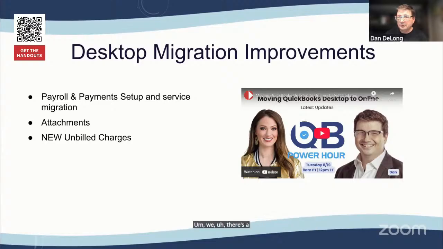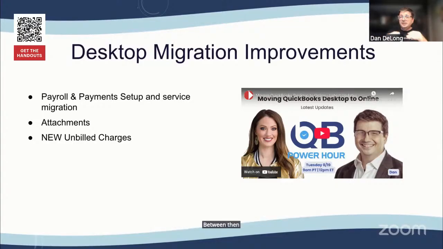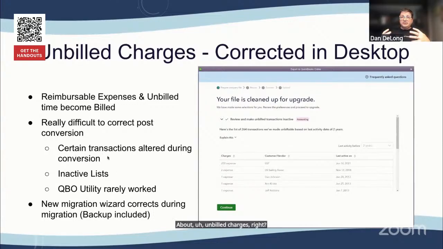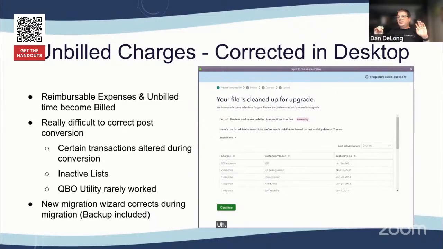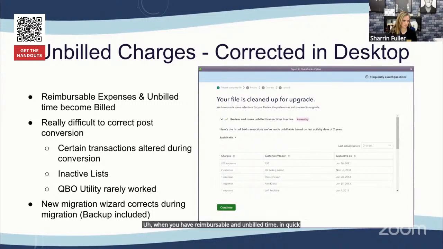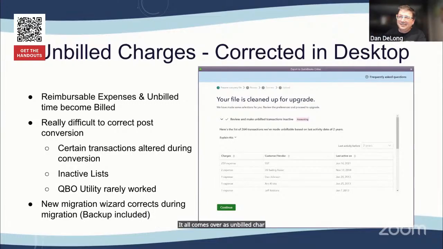There's a link there for the prior webinar that we had about moving the latest updates there. But between then and now, there was a big headache about unbilled charges, right? And basically what happens is when you have reimbursable and unbilled time in QuickBooks Desktop, it all comes over as unbilled charges into QuickBooks Online.